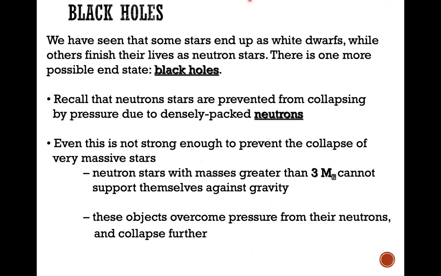If a star is a low mass star, that particular star will become a white dwarf at the end of its lifetime. And if a star is a high mass star, then that particular star can finish its life as a neutron star. Remember how we had a neutron star, right?